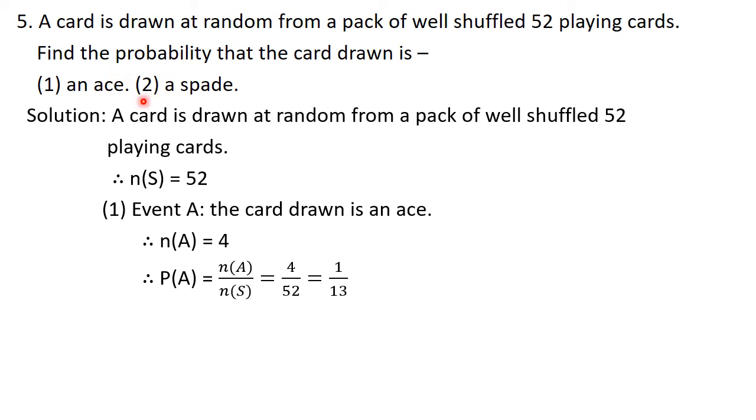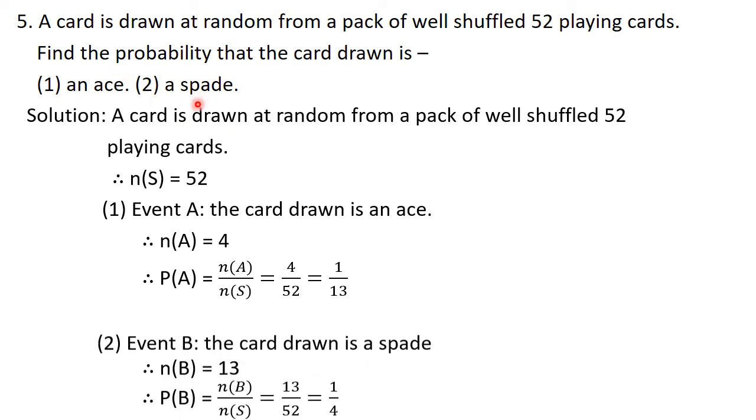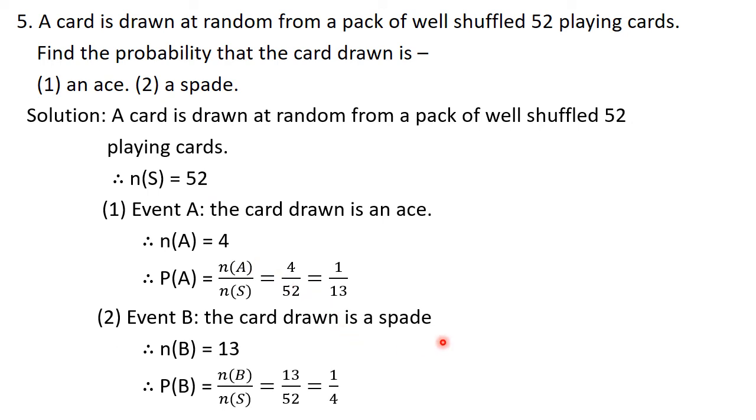Now let's go towards the second event, event B, that the card drawn is a spade. Now we know that 13 cards are there of each type, so for spade also we have 13 cards. So n of B is 13, and from that we can write the probability of event B, that the card drawn is a spade, as n of B upon n of S, that is 13 upon 52, which we can reduce to 1 upon 4.